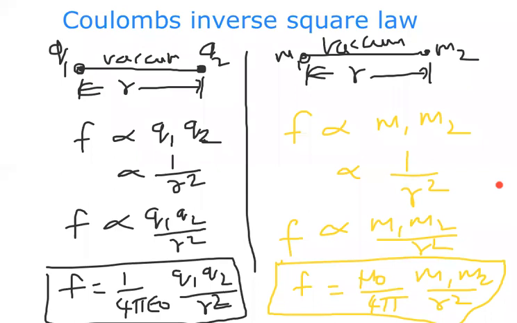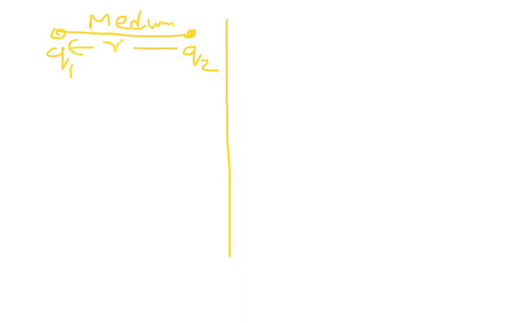Next, let us observe now. Again, let us compare if they are taken in a medium. The two charges Q1, Q2 are separated in some dielectric medium, and the distance of separation is R. Here the two poles m1, m2 are also separated by a distance small r in a medium.